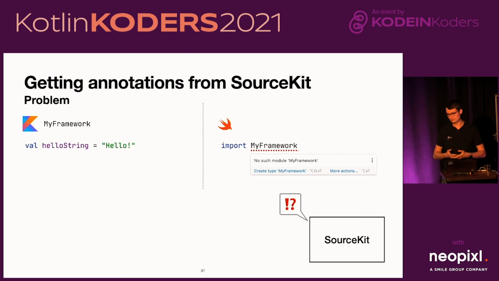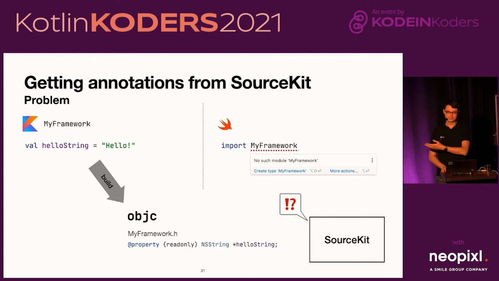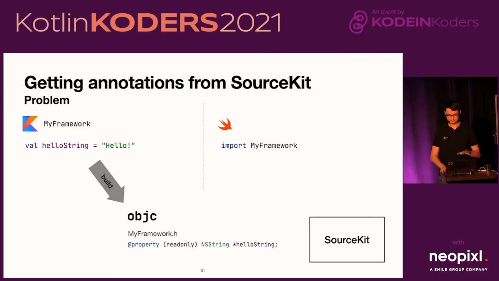It cares only about files it can understand, and in our case that is only the Objective-C framework, which is generated if we build the project. So to make SourceKit happy, we need to build this project and get this generated Objective-C framework. All right, we made it happy.